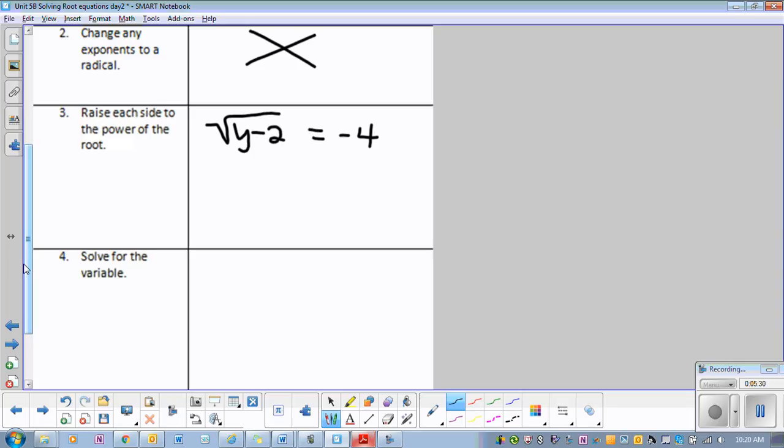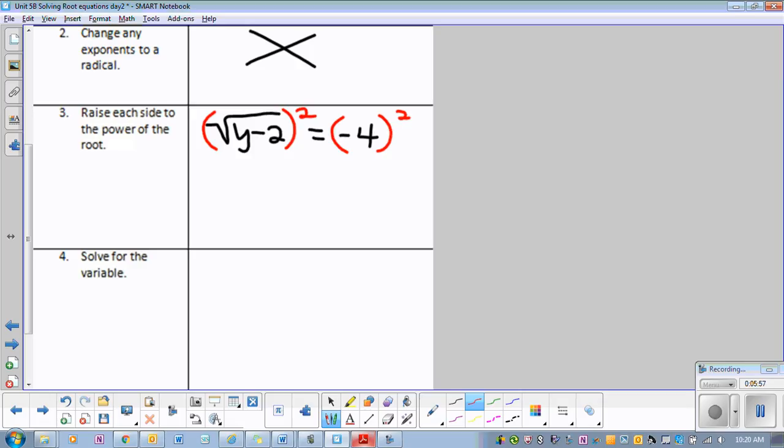Step 3 says, raise each side to the power, because we need to get rid of the root. Since this is a square root, what power do I have to take? 2. And whatever you do to one side, you do to the other side.